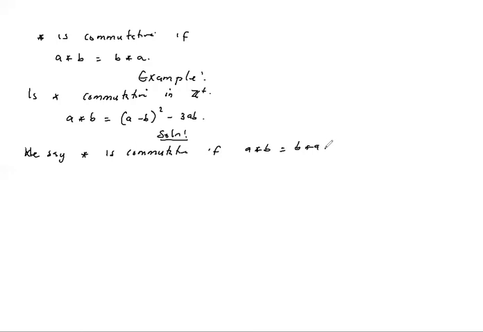Now a star b is already given here. So our target is to get b star a and show that it is equal to a star b, because we know what a star b is. Okay, so let's see how b star a looks like. So b star a, where there's a there, we're now starting with b. Where there's b, we have a squared minus 3ba. Now you're dealing with integers a and b, and when you multiply them, you get the same value even if you switch them.